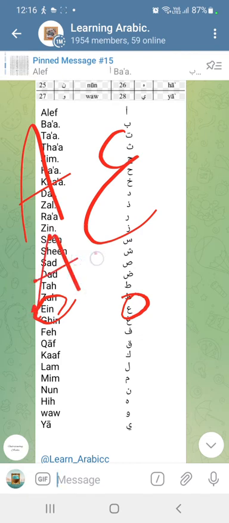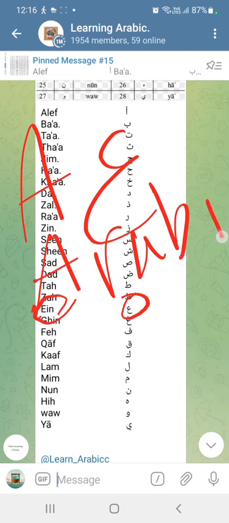So Arabic. We Arab people, we don't say Arabic, we say Arabi. It's in the throat area. Arabi, in the front. You feel it right under your jaw. Arabi, right under your jaw.